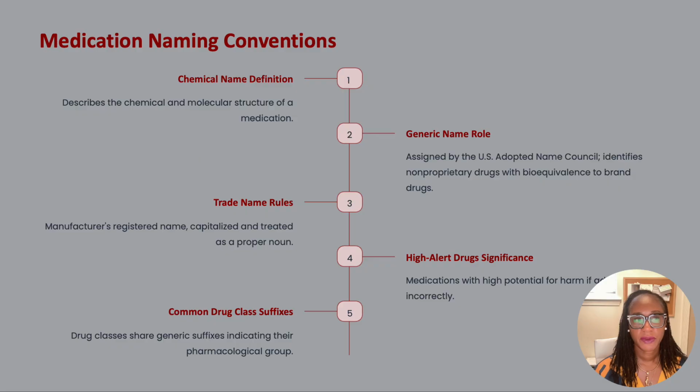On this slide we talk about medication naming conventions. So medication and medication generics, let's talk about that. A generic name is a non-proprietary drug name and, for example, is not protected by a trademark. In the United States, generic drugs are required to meet the same bioequivalence test as the original brand name drug.